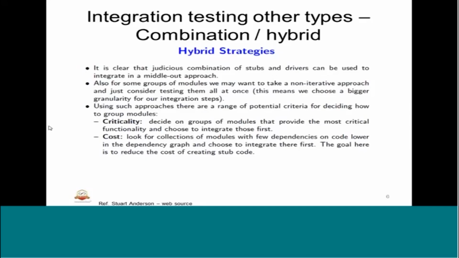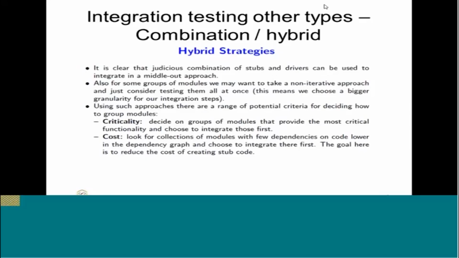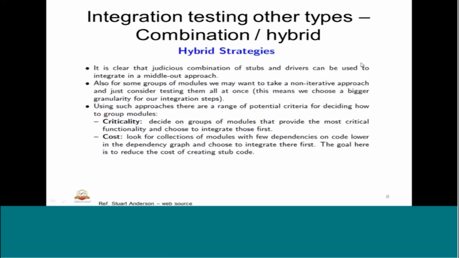So basically, hybrid test strategy deals with groups. As I said, grouping is a very important aspect in integration testing. Here, grouping is based on the features, functionality, requirements, performance, etc. So there are different criteria that we need to follow for grouping the various modules.